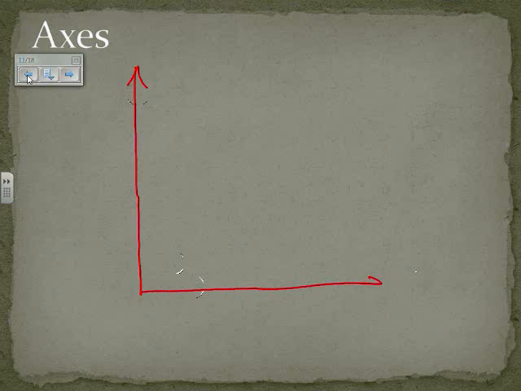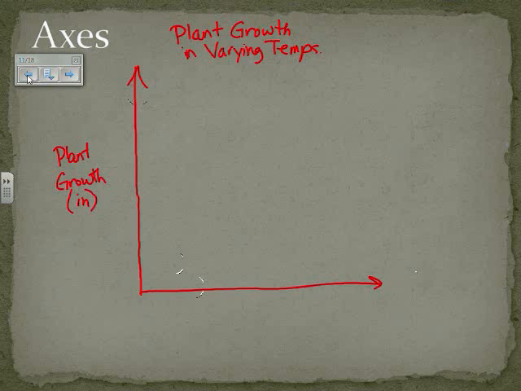Well, what I'm talking about specifically is making sure that when you have your graph and you've given it a title, plant growth in varying temperatures, and we put plant growth on this side, and like I said, we're doing it in inches, and we've done temperature on this side in degrees Fahrenheit, you need to pick your increments.